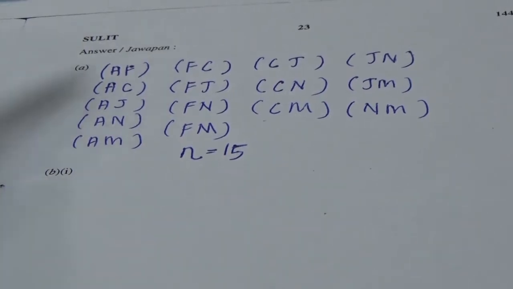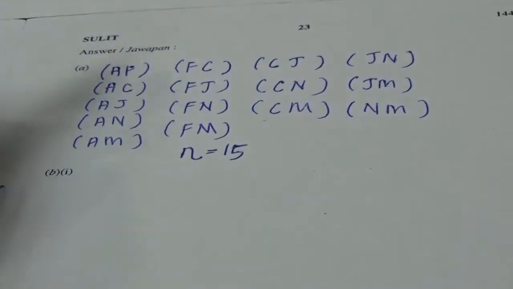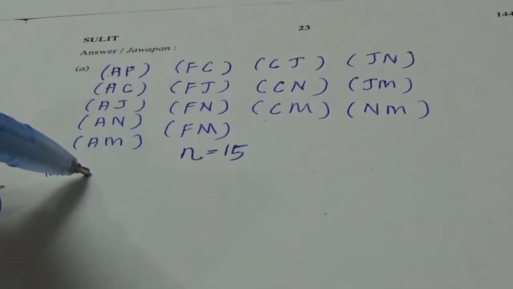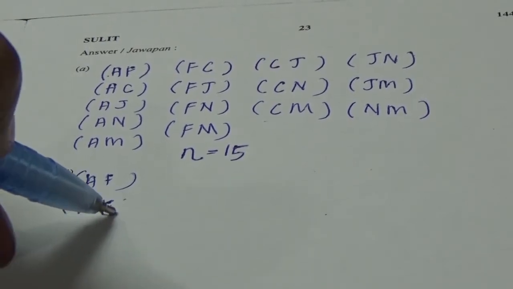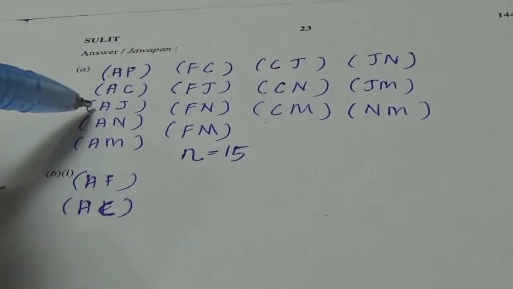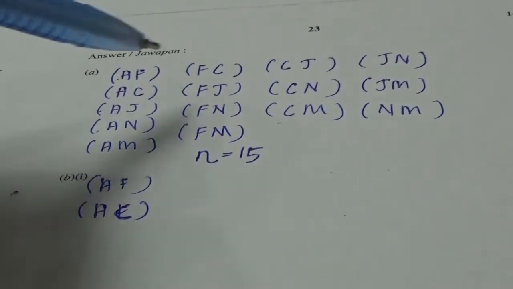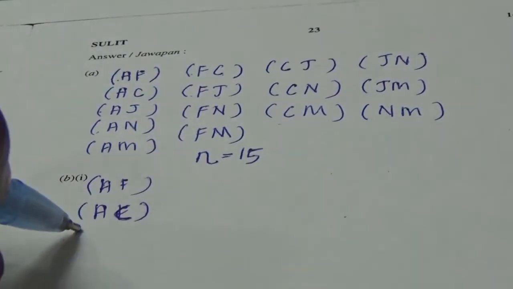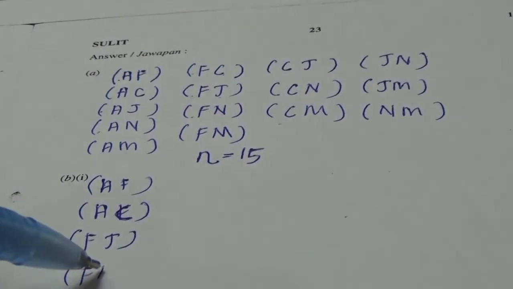Okay, let's look at the possible choices. For a boy and a girl, let's look from the choices that we have. We have 15 combinations here. So let's pick a boy and a girl. Aiman, Fatin, yes. Aiman, Cindy, yes. Aiman, John, no. Aiman, Nancy, no, because both are boys. Then we have Fatin, Cindy, both girls. Fatin, John, yes. Fatin, Nancy, yes.